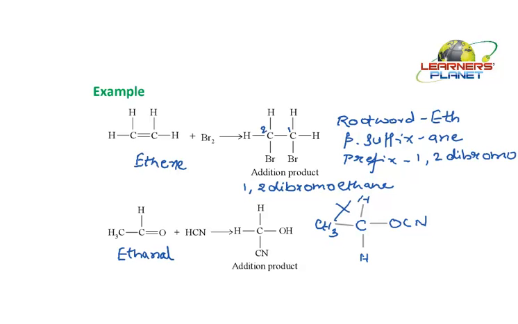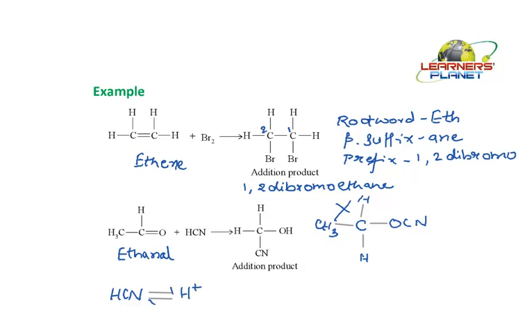Why? Because students, in HCN, this is an ionic compound, and your HCN dissociates to form H plus and CN minus ions. Now what type of ions am I getting here?